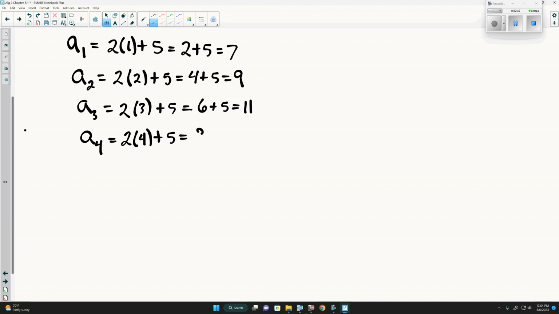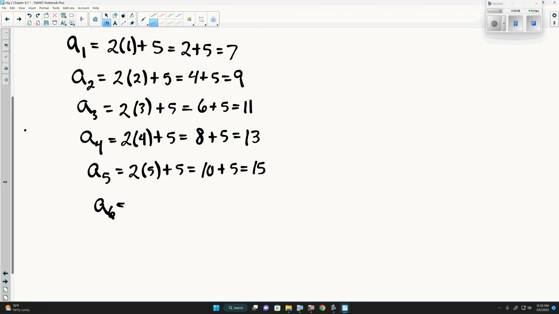Well, 2 times 4 would be 8, and 8 plus 5 is 13. Our next one would be a sub 5. So we'd have 2 times 5 plus 5. Well, 2 times 5 is 10. 10 plus 5 is 15.